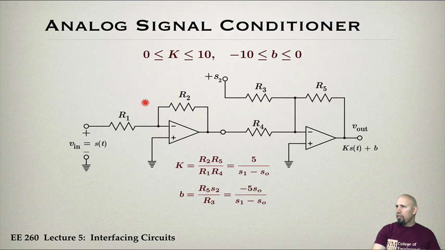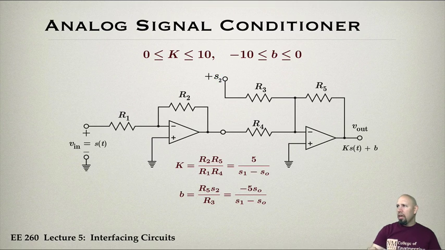So here is an example circuit that would work for us. This first op-amp basically does the scaling, and notice it scales and it inverts. This sums and inverts. And notice over here I have an S2, which is not S1 or S0. So here the voltage in is S, whatever S is. S2 is some other voltage.